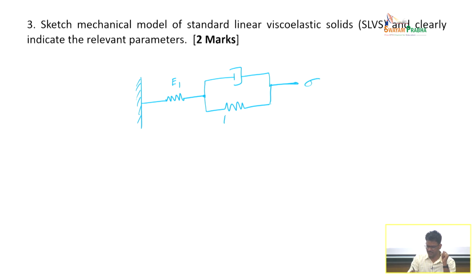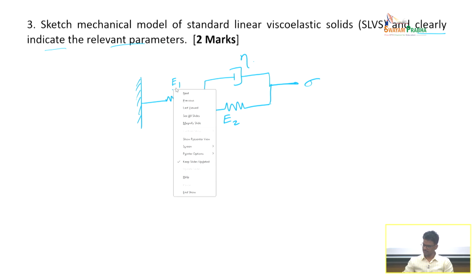So this is E2 and this is eta. Okay. So I have said to clearly indicate the relevant parameters. What it means is you should say for this spring the corresponding spring constant is E1, and for this it is E2, and this dashpot is characterized by a viscosity eta, right. So straightforward. If you have seen this picture, you should be able to do this. Very simple.